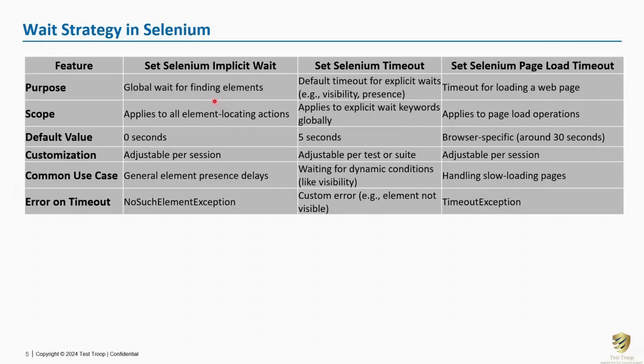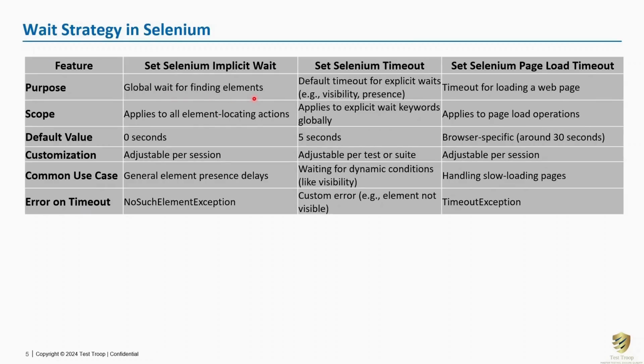Implicit wait. So in case of Robot Framework Selenium, you can set implicit wait using the keyword Set Selenium Implicit Wait. It takes one parameter that indicates the number of seconds that you need to wait before timing out. So this is used for a global wait for finding an element.